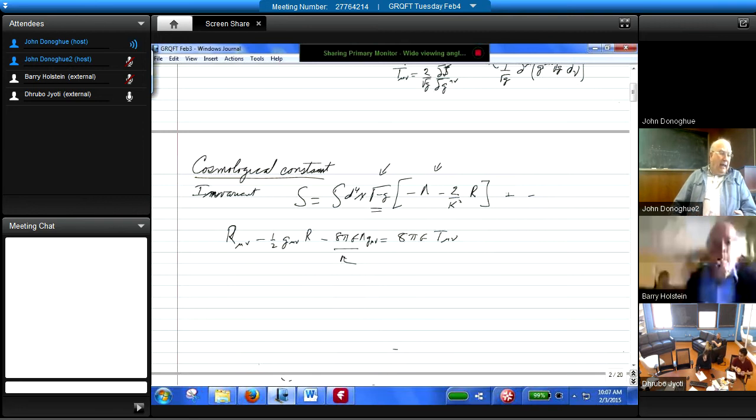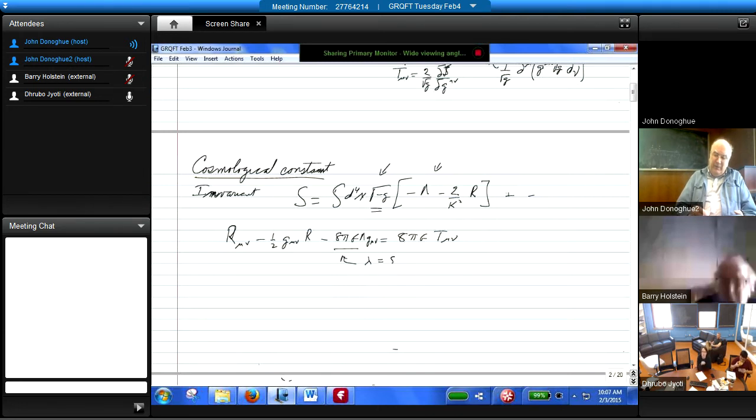So this is the new piece here. You most often see this written with little lambda is 8 pi G big Lambda. And you also often see this thing written with this shifted to the other side.